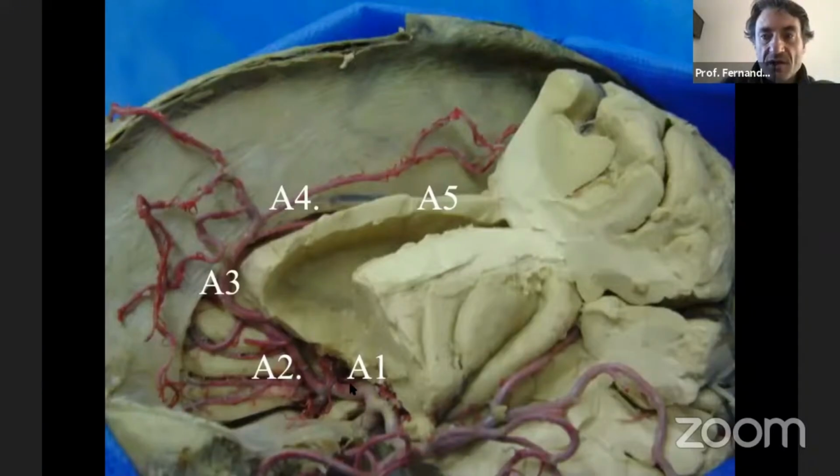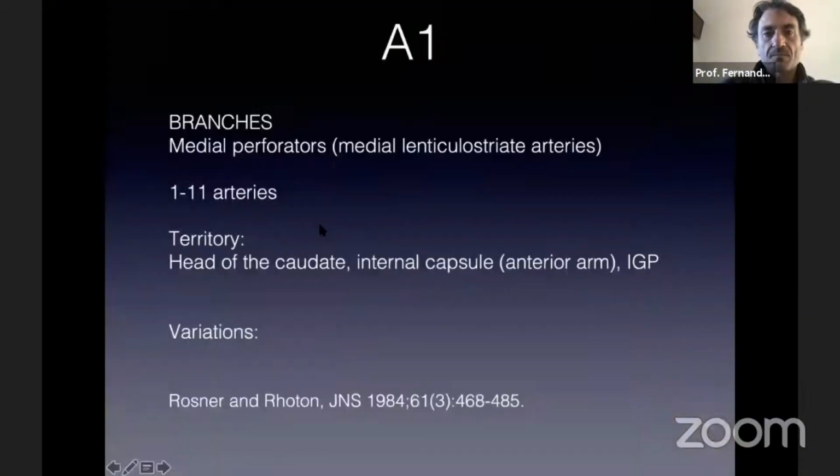Here is the A1 segment, from the bifurcation to the communicating artery; A2, the infracallosal or subcallosal part; A3, the precallosal part; and A4 and A5, the supracallosal part of the artery. Let's see every part of the artery.